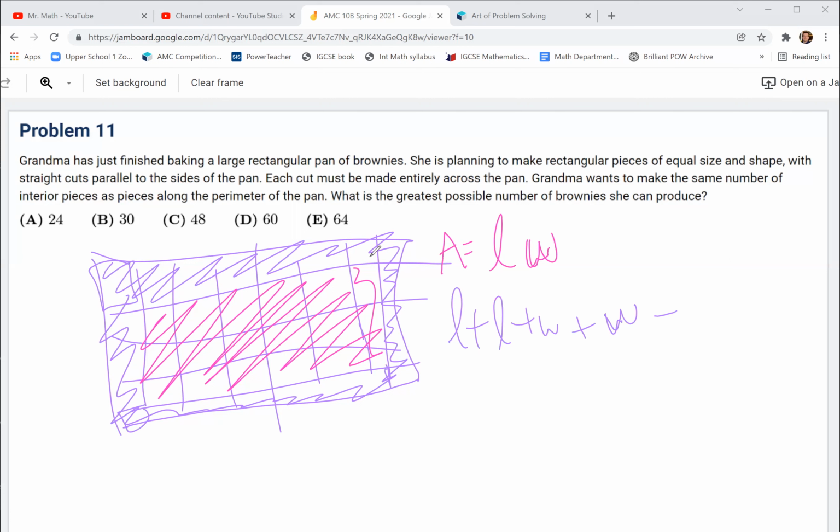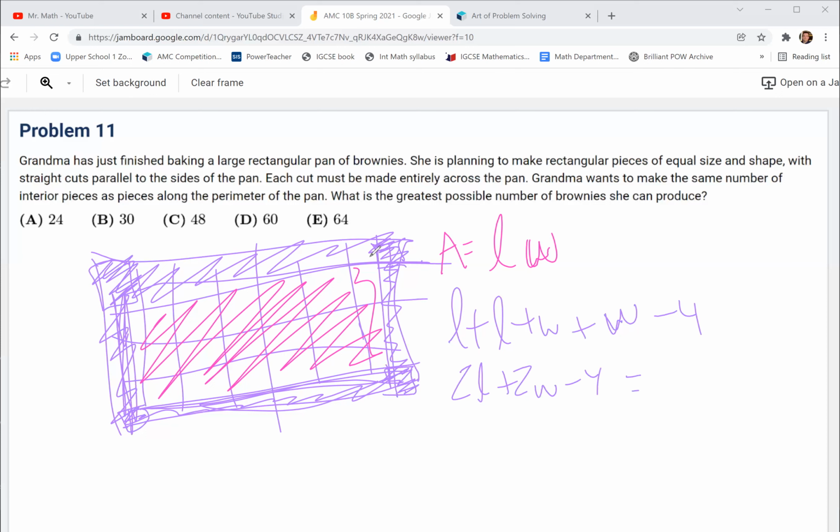When you count this length plus this width, you double count that corner piece, and the same thing happens at each of the other corners. So it's minus 4, or 2L plus 2W minus 4.